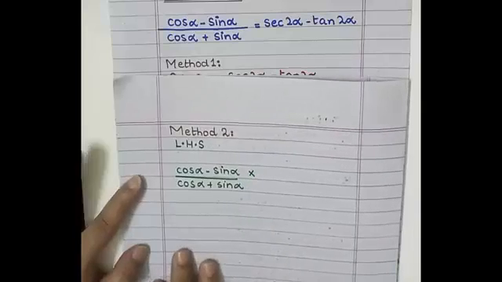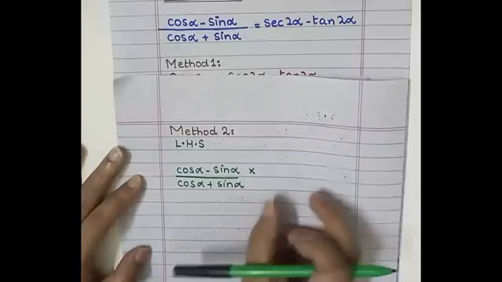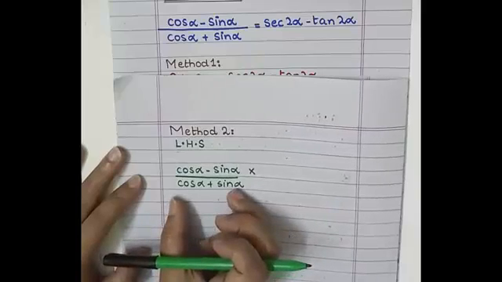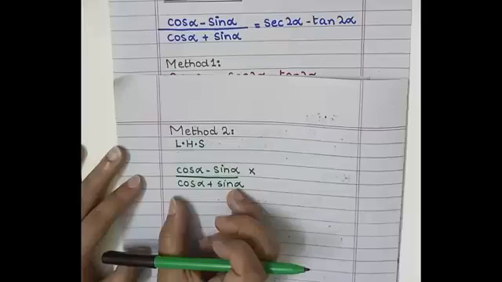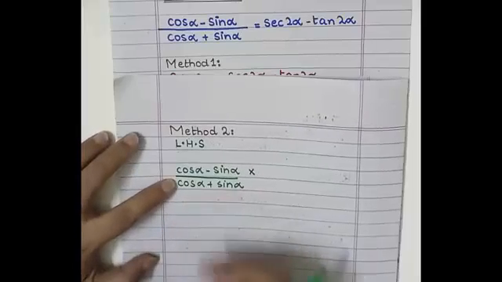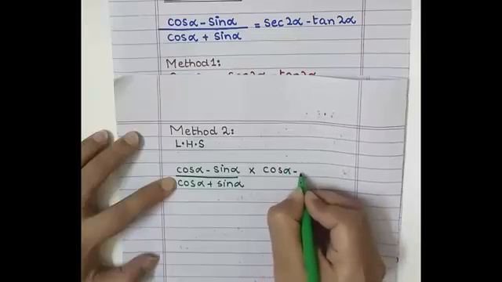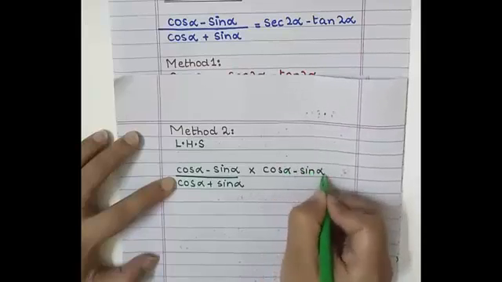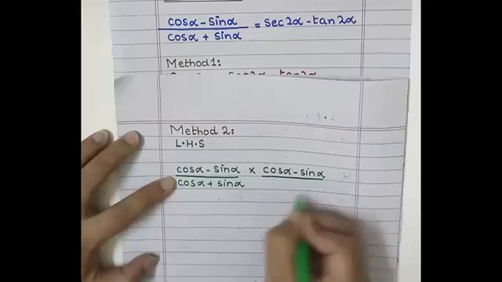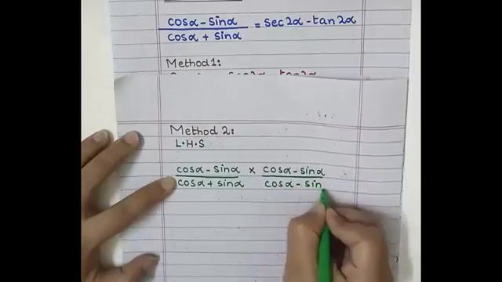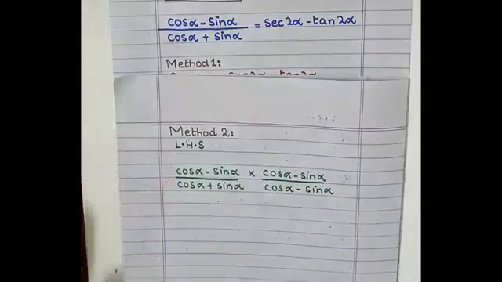In rationalization, we multiply and divide with a term which is present in the denominator, just with the difference of sign. Here we have cos alpha plus sin alpha, so multiply it with cos alpha minus sin alpha, and also divide it with the same term, cos alpha minus sin alpha.